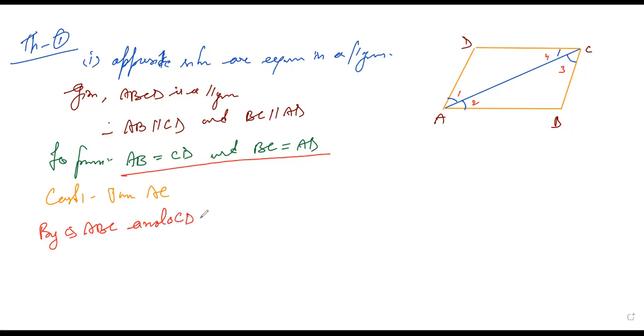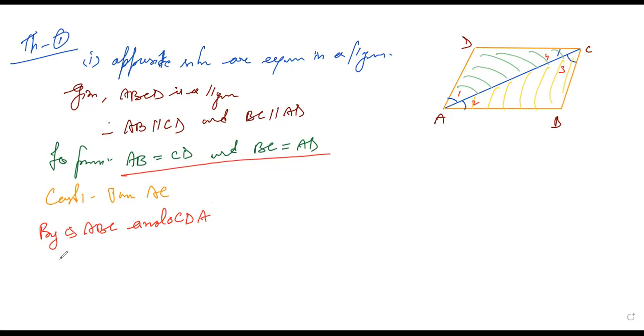I hope you can recognize these two triangles. The first triangle is this one, ADC, and the second triangle is this one over here. For these two triangles, we will see how they can be congruent to each other. So we will use the property ASA.